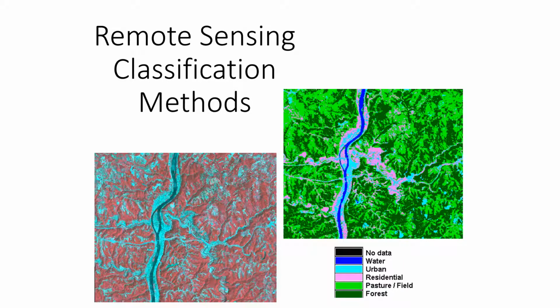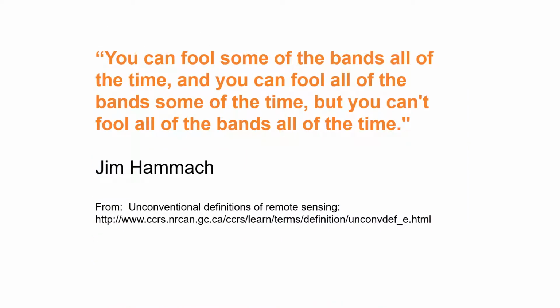So what are the different methods of remote sensing classification? First, let's look at this quote: You can fool some of the bands all the time, and you can fool all the bands some of the time, but you can't fool all the bands all the time. In other words, things that are different will in some fashion look different sooner or later, to where you can separate and identify what they are.